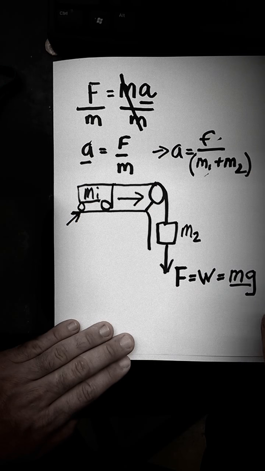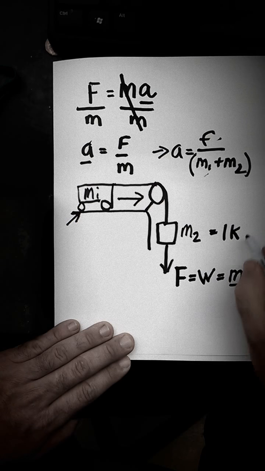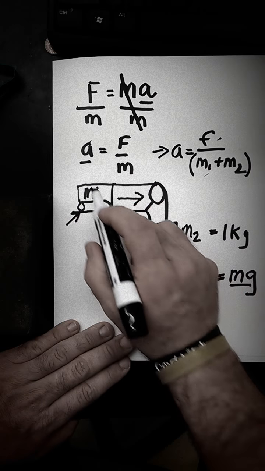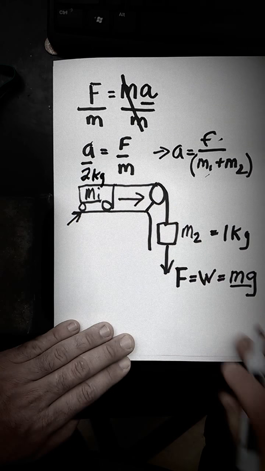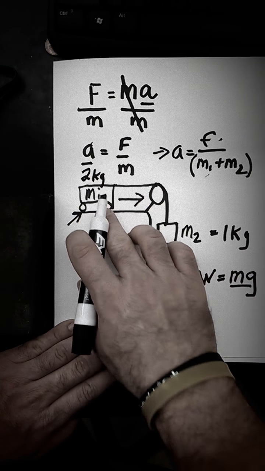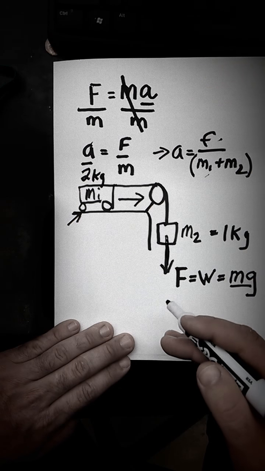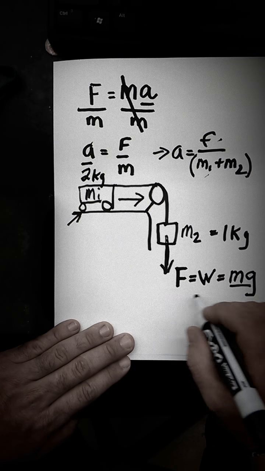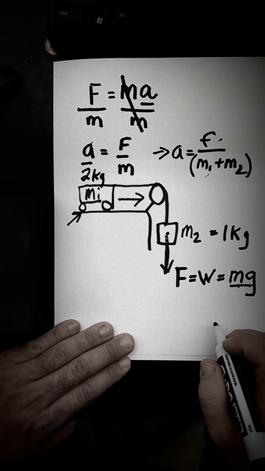So now let's apply some numbers to this. We'll make some simple numbers. We'll say that this mass hanging here is 1 kilogram. We'll say the mass of the car is 2 kilograms. Okay, so hanging mass is 1 kilogram. The car is 2 kilograms. So the force that's pulling down and making the car accelerate is the mass of this times gravity.